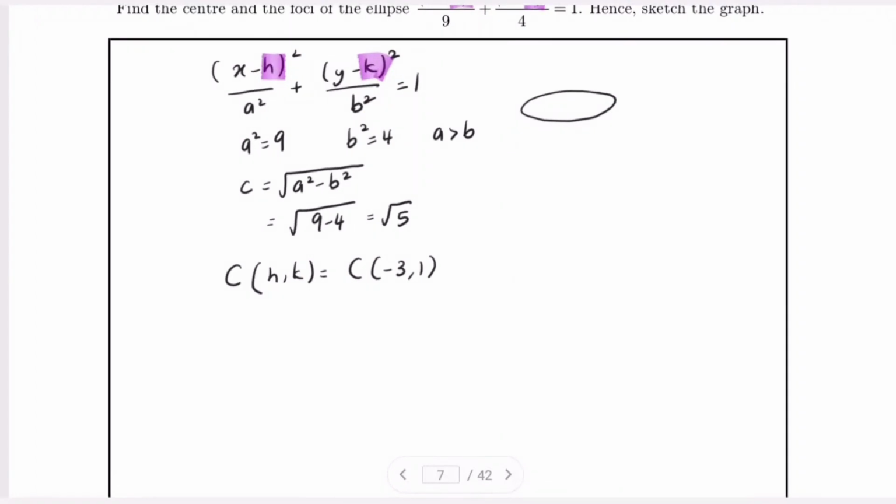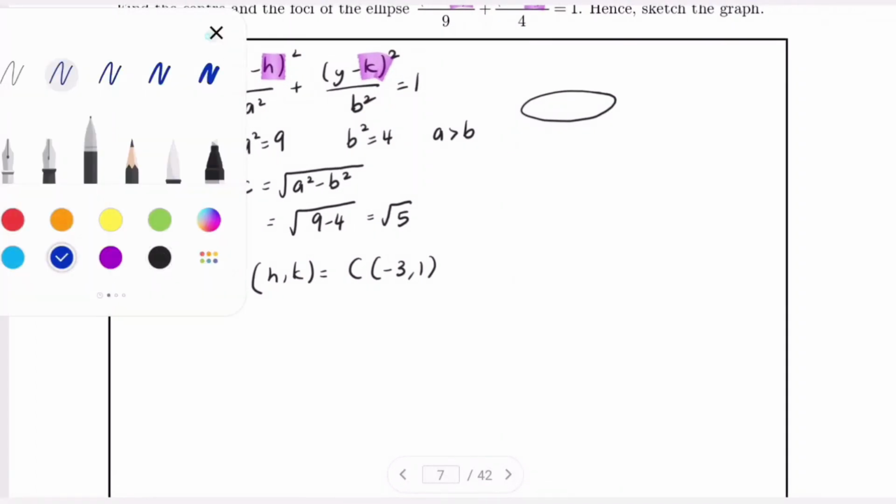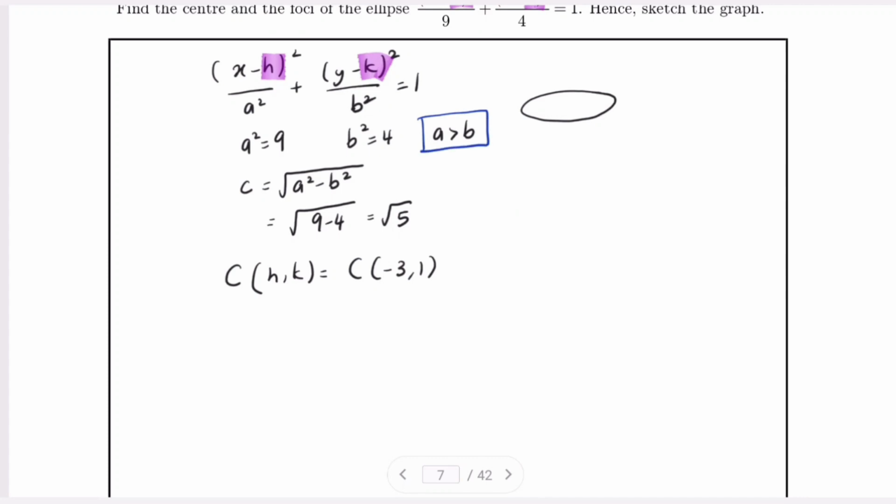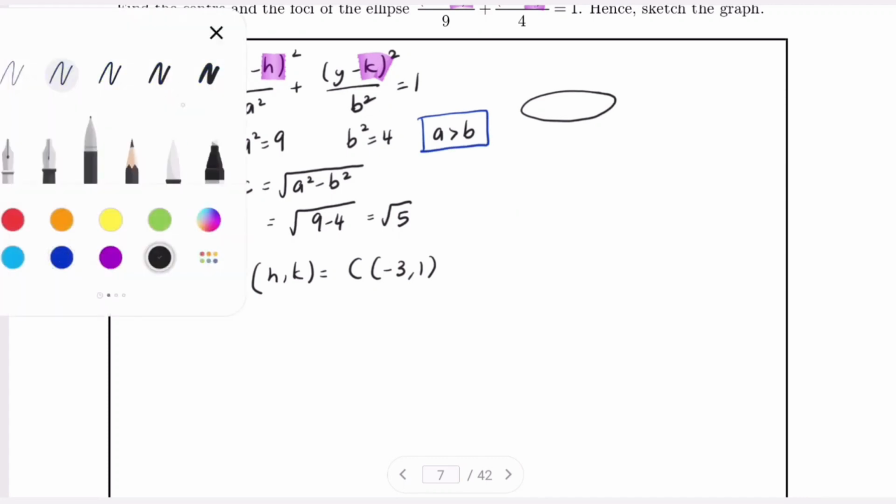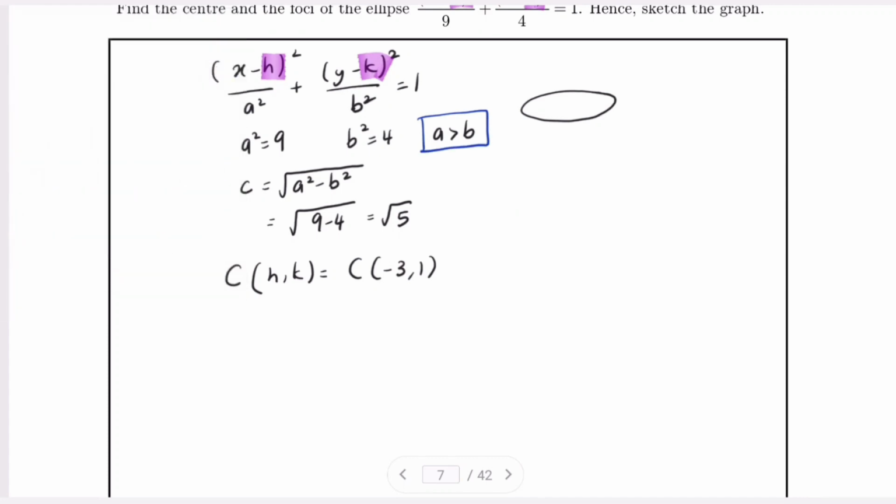If a is greater than b, we know that k will stay the same. So for the foci, it's going to be (h plus or minus c, k).